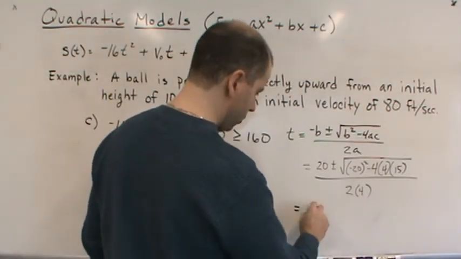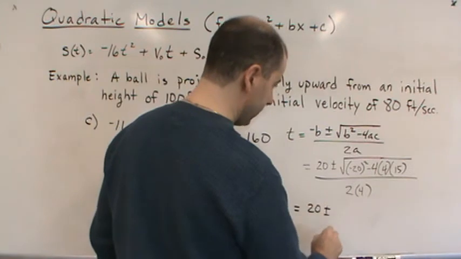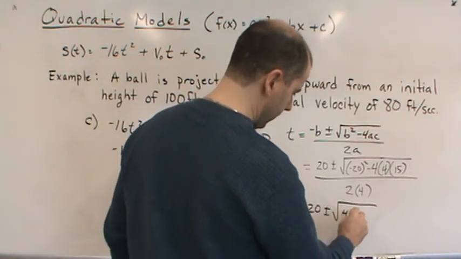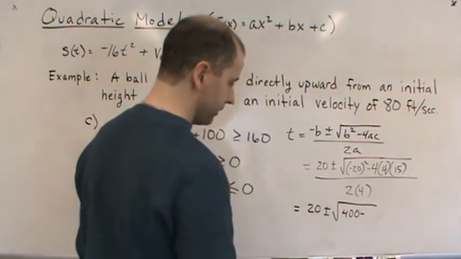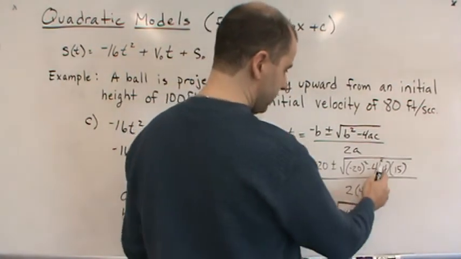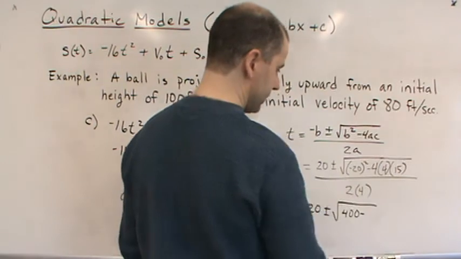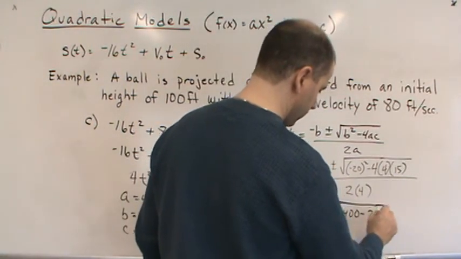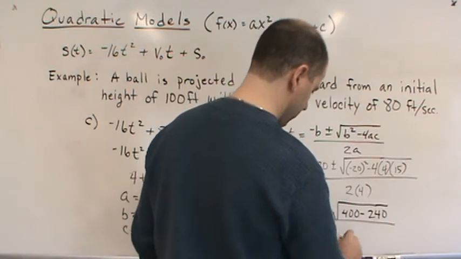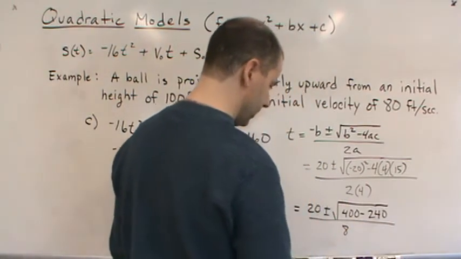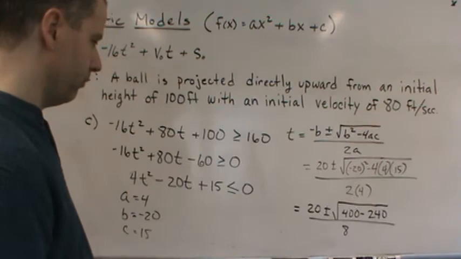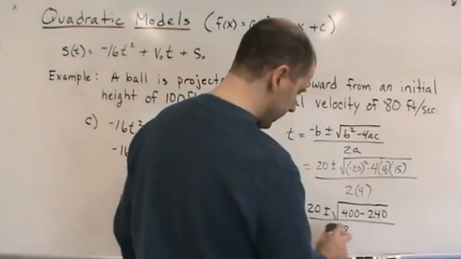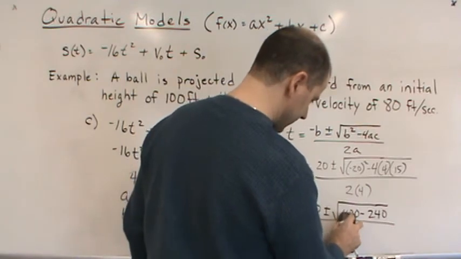We get 20 plus or minus the square root of 400 minus 4 times 60, which is 240, over 8. And so when we simplify this, we get 160.